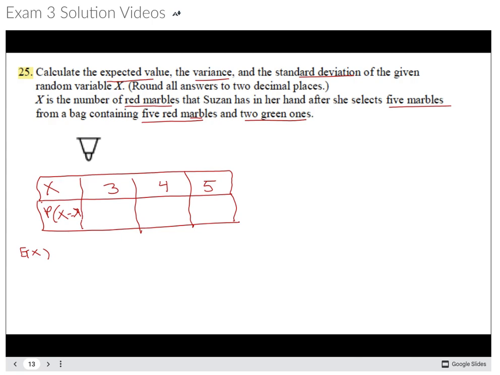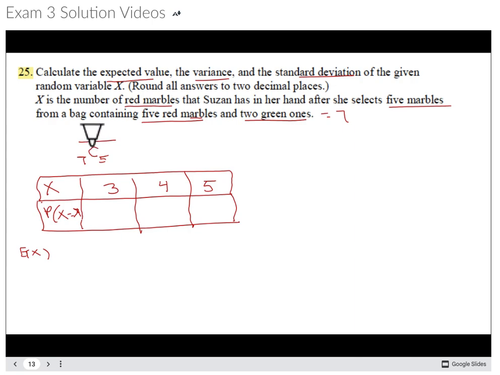The way to calculate a probability, remember, is always a fraction. So the whole thing that could happen out of, how many marbles do we have? 5 plus 2 means we have 7 marbles in total. So out of those 7 marbles, we are going to choose 5. That's the total number of ways we can get 5 marbles from 7.